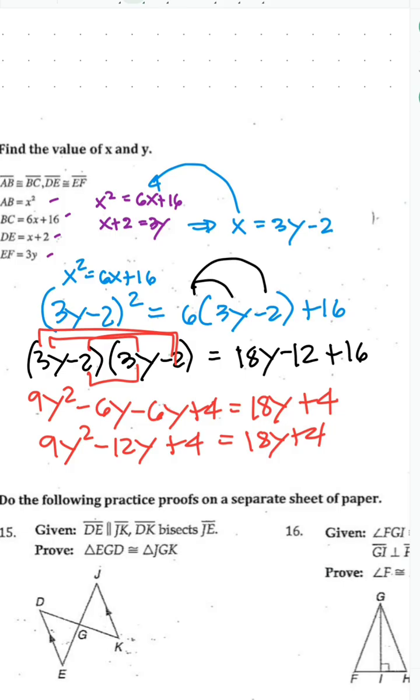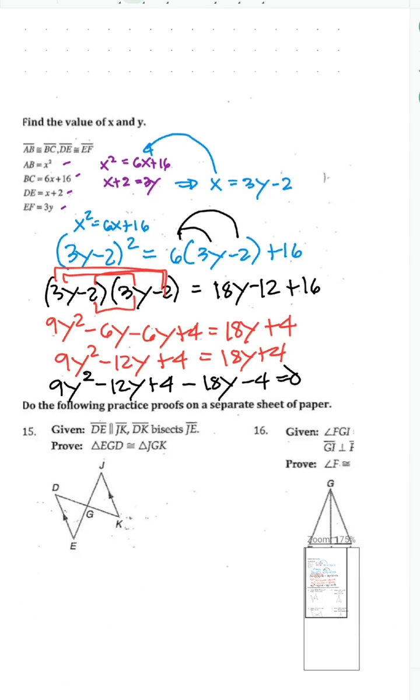And we can put everything on one side, all of the terms: minus 12y plus 4 minus 18y minus 4 equals 0.